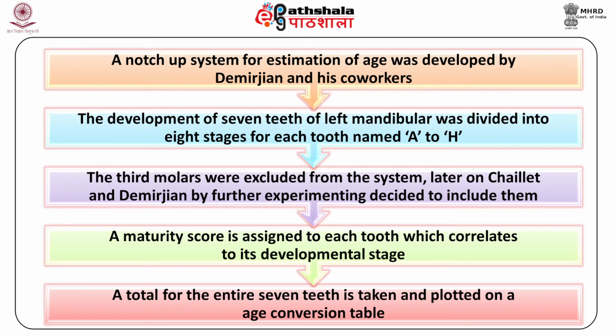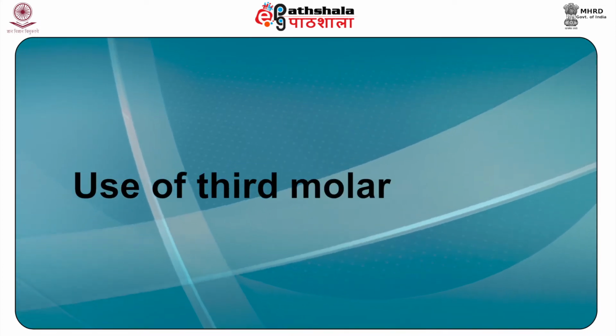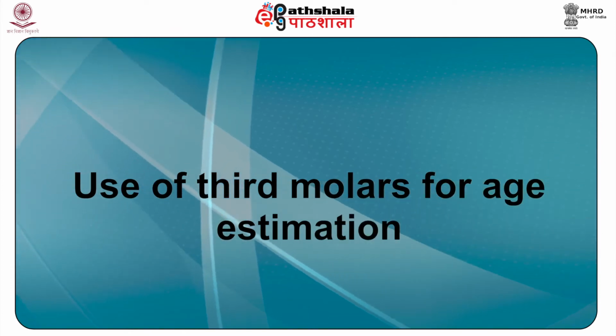A maturity score is assigned to each tooth which correlates to its developmental stage. A total for the entire 7 teeth is taken and plotted on an age conversion table. Keeping in mind the structural variation in males and females, the authors devised separate scores and tables for both the sexes.